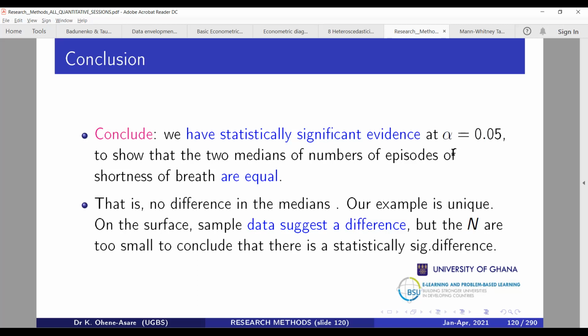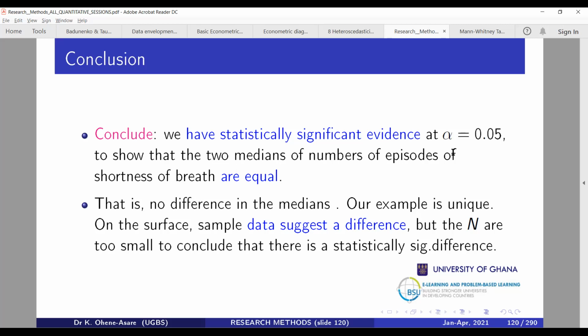But that difference may not necessarily work. Our example is unique. On the surface, the data suggests a difference, but the sample sizes are too small to conclude that there is a difference. You will learn the skills of using the R software to calculate this in the practical section.